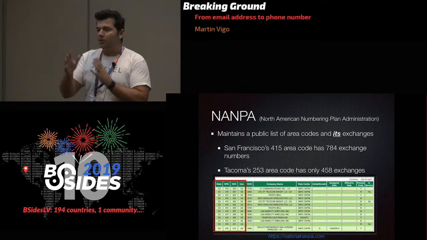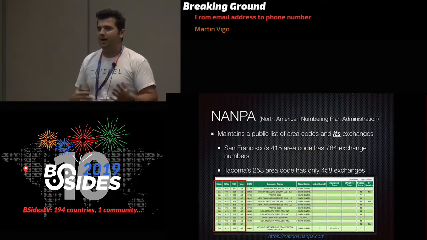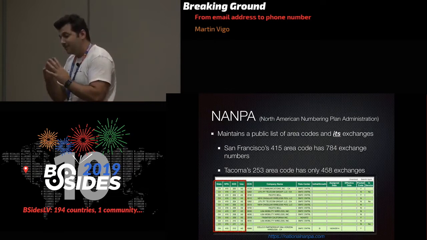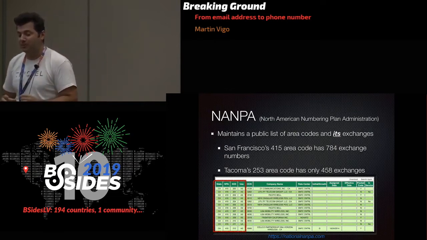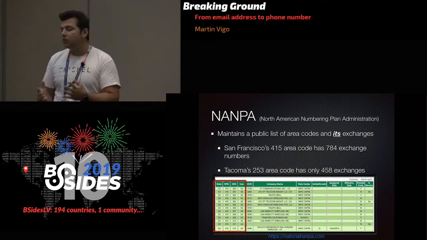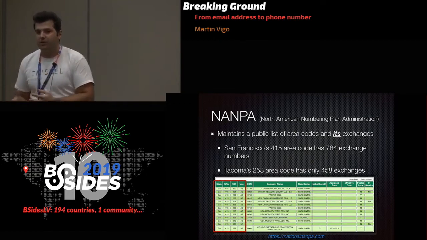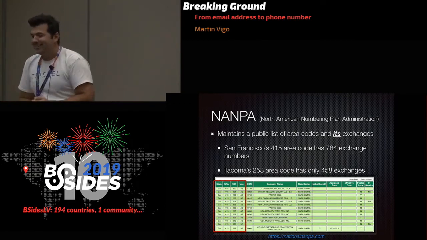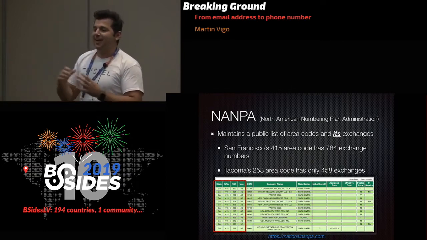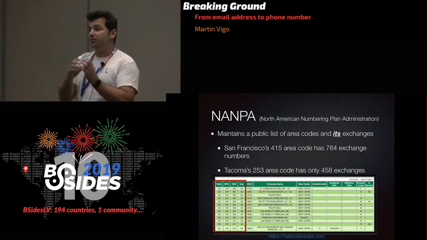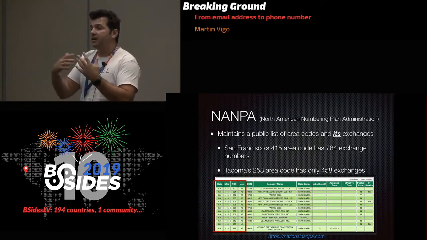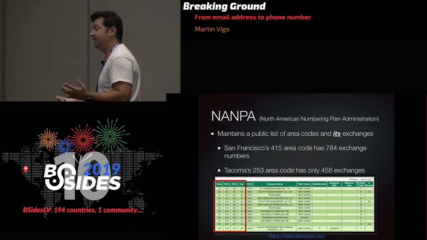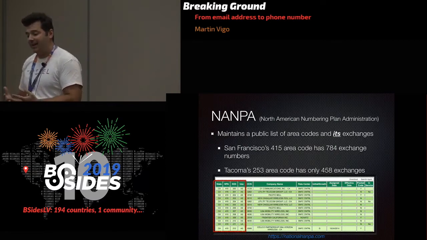So enter the North American Numbering Plan Administration. I started to go down the rabbit hole and learn so much about the phone numbering plan, and this is really great. I read a lot of documentation. But basically, the North American Numbering Plan Administration is in charge of assigning phone numbers to different areas and taking care of how phone numbers are assigned in the United States and Canada.